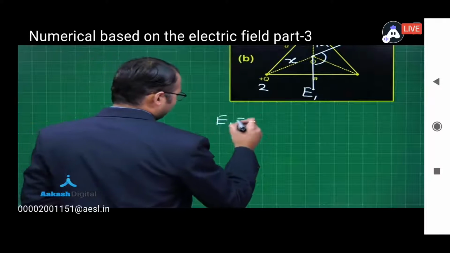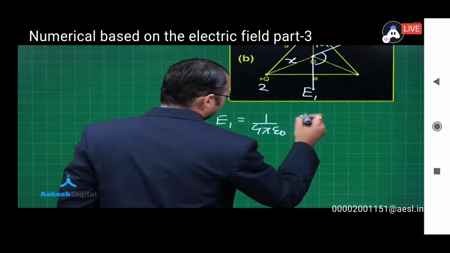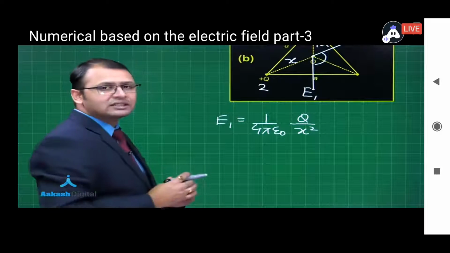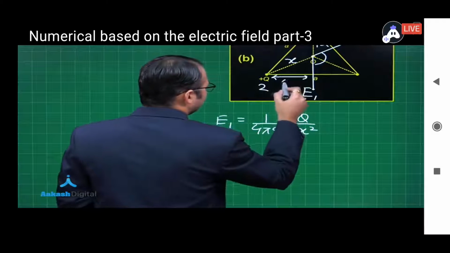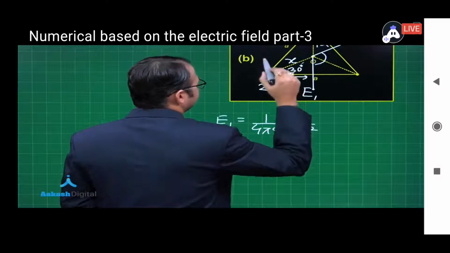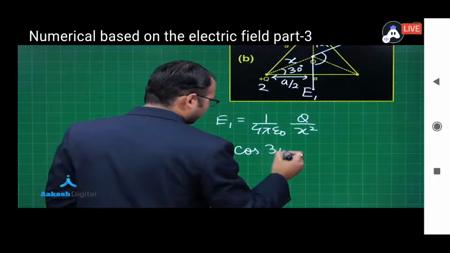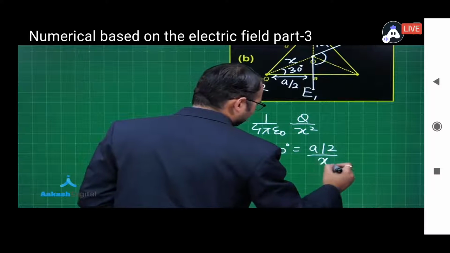If you say E1, that would be 1 upon 4 pi epsilon naught, q upon x square. Now what would be the value of x? Certainly, this distance you see is A by 2, and this angle is 30 degrees. So it's very easy to write cos of 30 would be base upon hypotenuse.